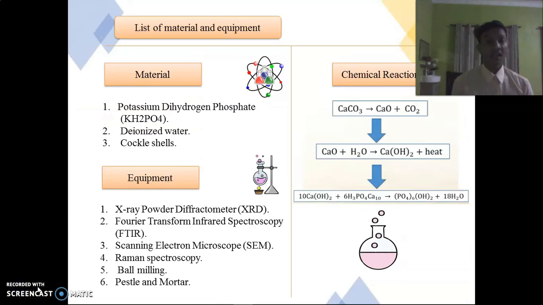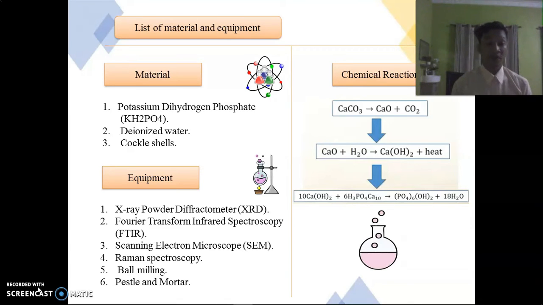List of material and equipment. For the material, we have to get potassium dihydrogen phosphate. This material has to be purchased and is not available in FKP. While the deionized water will be provided by FKP, so we do not need to purchase it.